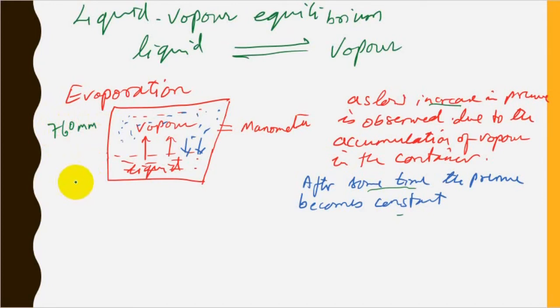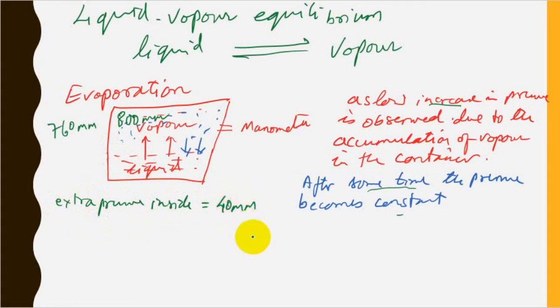The pressure inside will be more than this 760. So suppose the pressure inside is 800. I'm just taking an example. Then how much extra is there? 40. The extra pressure inside will be 40 mm.